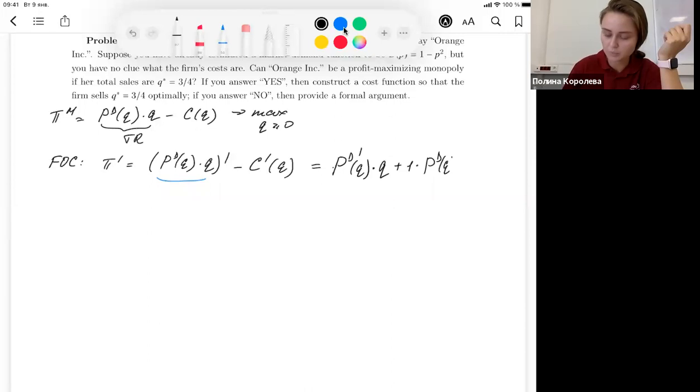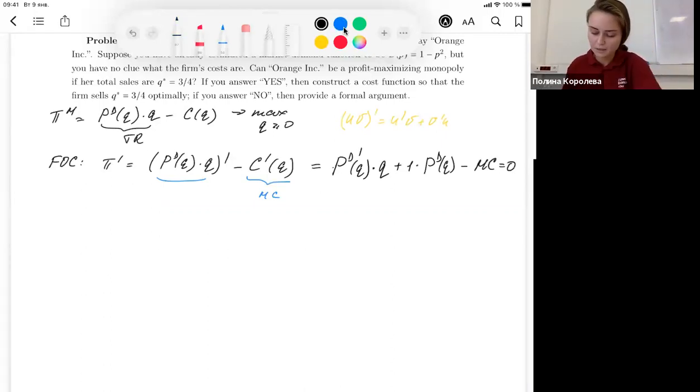I hope you remember it from calculus: (UV) prime is U prime V plus V prime U. Then minus the derivative of total costs, which is marginal costs. So minus marginal costs equals 0.